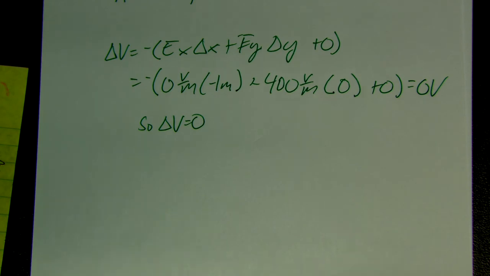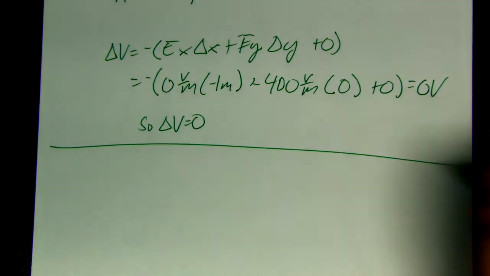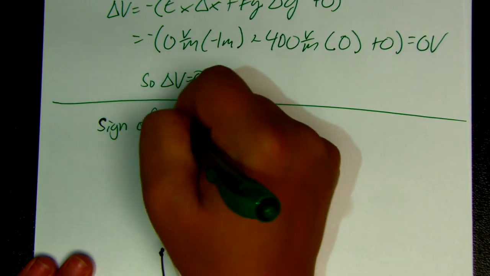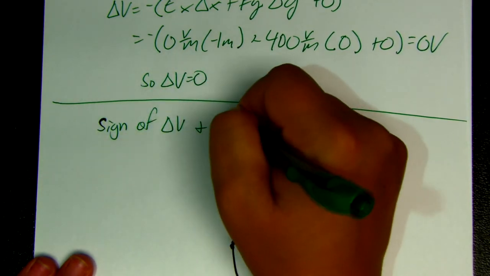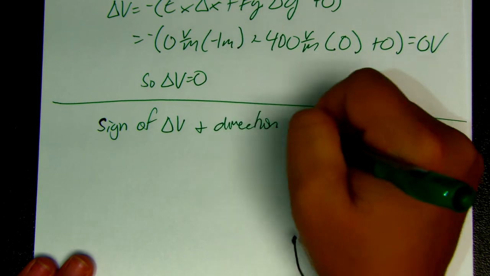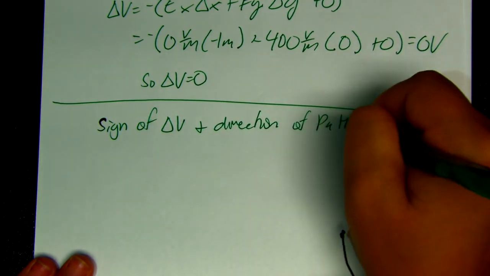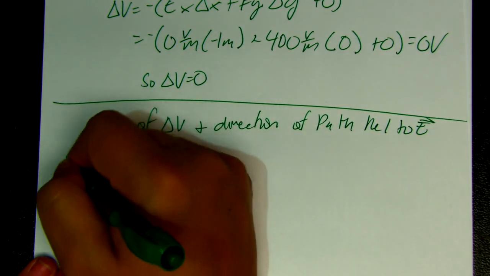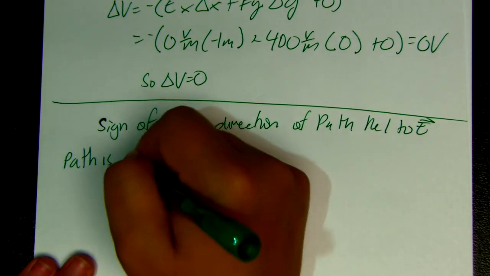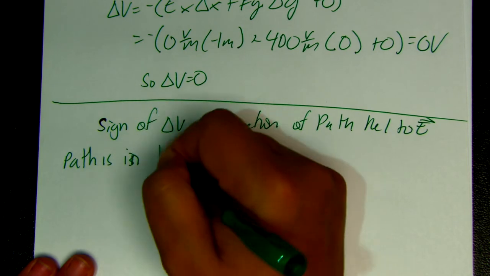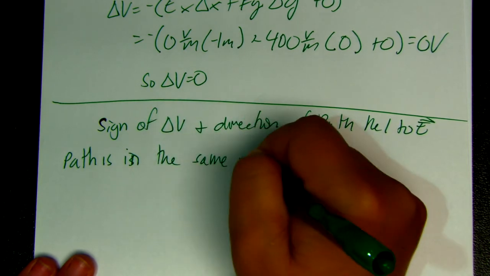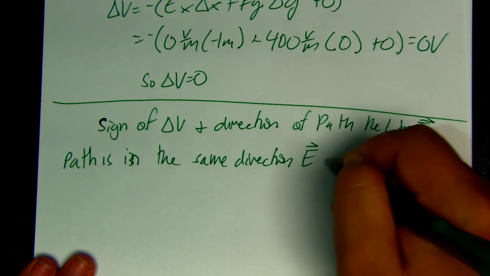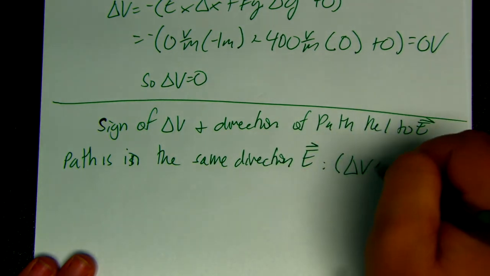So in summation, and by the way, when in doubt, double check yourself like this: the sign of delta V and direction of path relative to the electric field. If the path is in the same direction, then delta V is going to be less than 0.